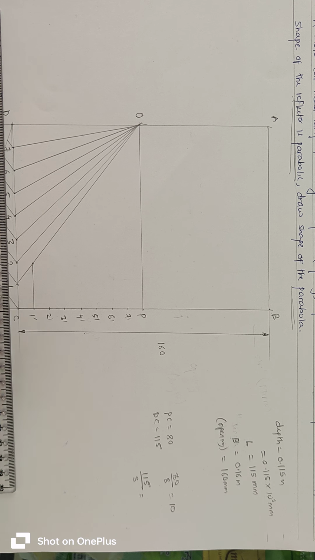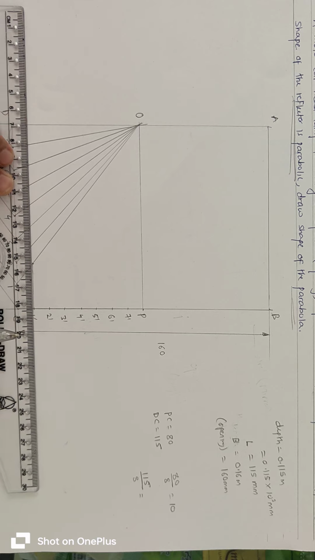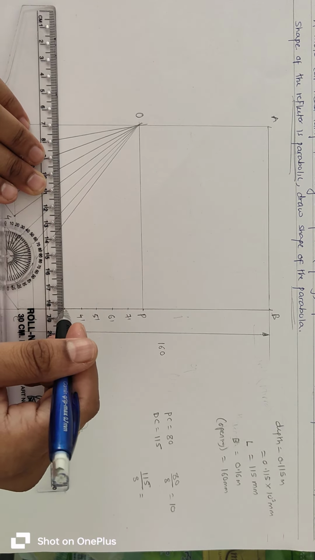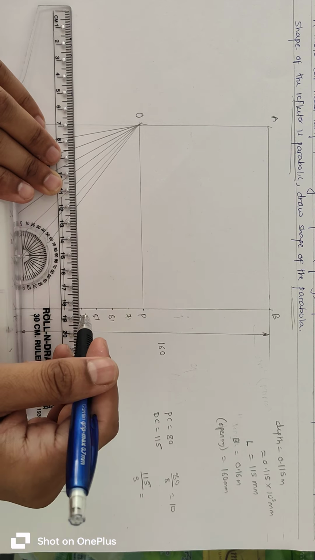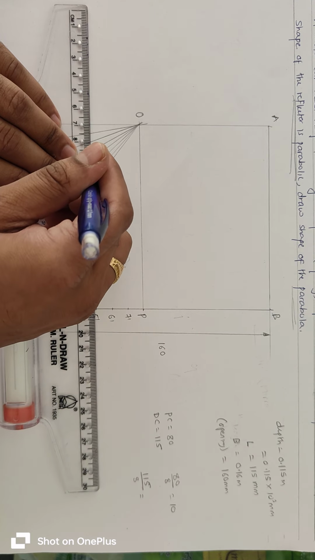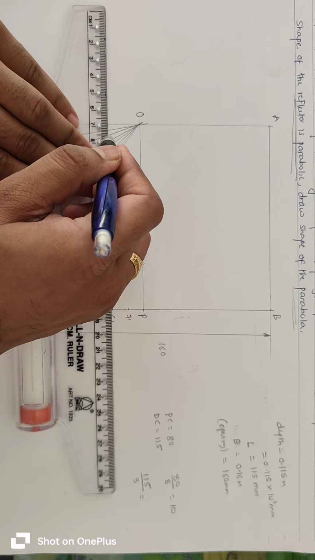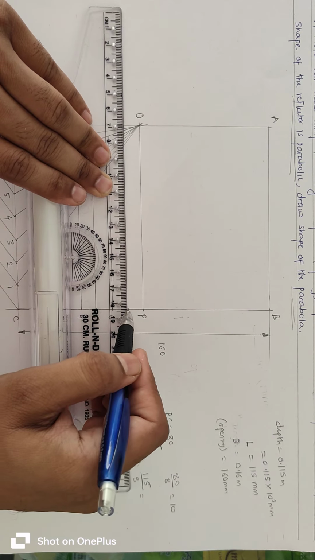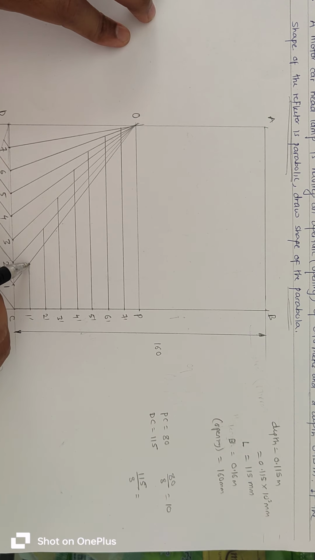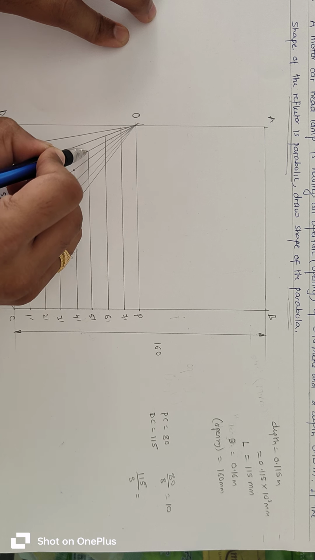So from point 2 dash, draw a line up to point O2. Similarly from 3 dash up to point O3, 4 dash up to point O4, O5, then O6, then O7. Now mark these points. These are the points of the parabola.